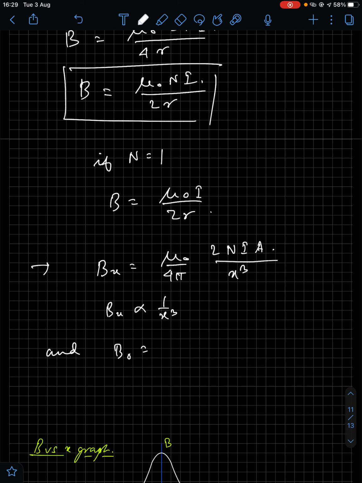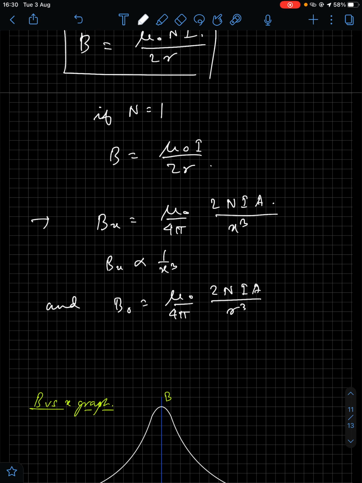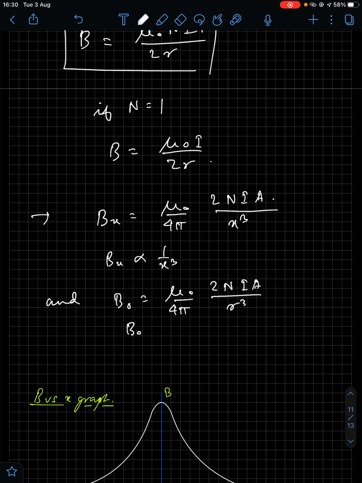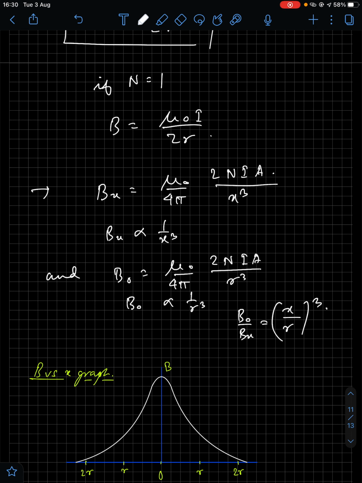Also B naught is mu naught by 4 pi, 2NIA divided by r cube. This relation also we have derived above, for the magnetic field at the center of the loop. So here B naught is inversely proportional to r cube. Then if we do B naught by Bx, what do you get? You get x cube divided by r cube.